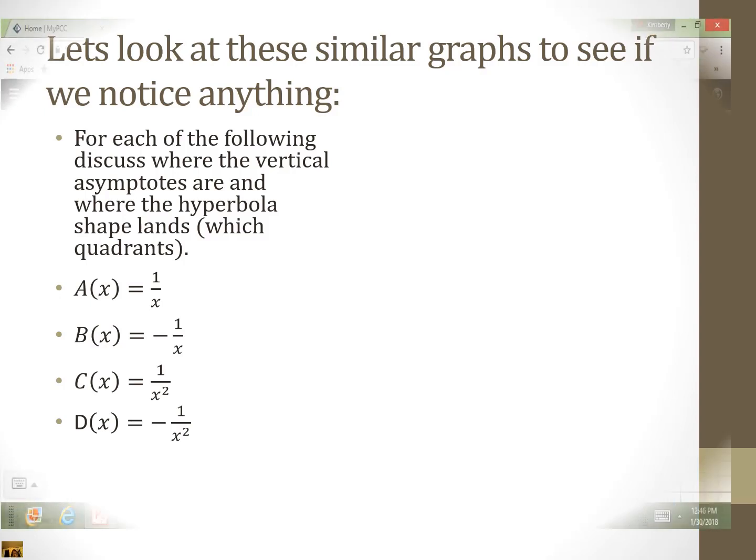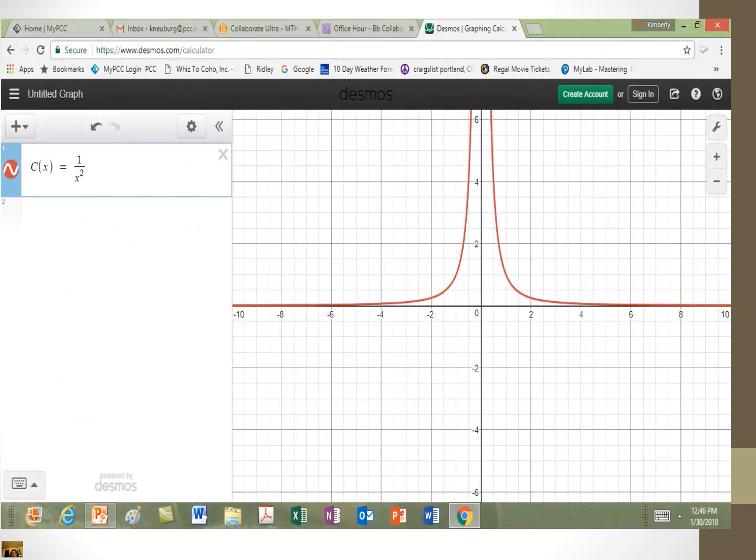So all your values have to be positive. So if you notice on the graph, that makes it so our hyperbola shape is above the x-axis. It's in quadrants 1 and 2. And we still can't plug in 0, so we still have our vertical asymptote here at x equals 0.